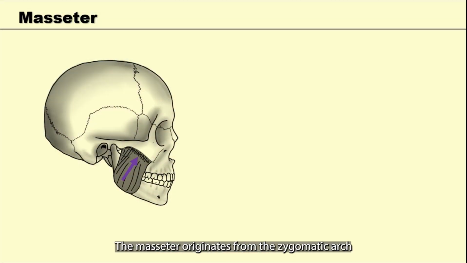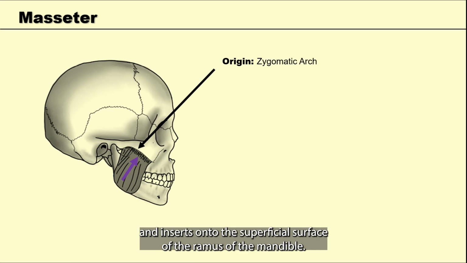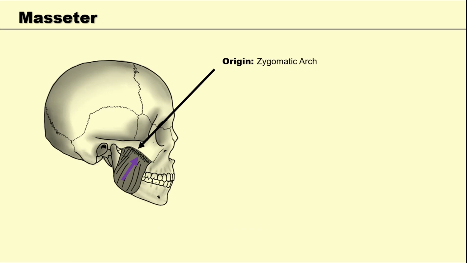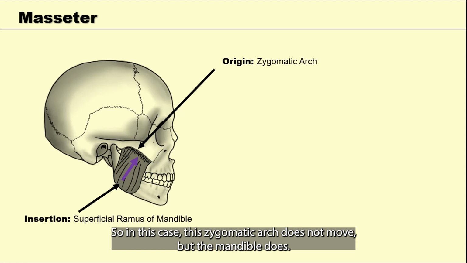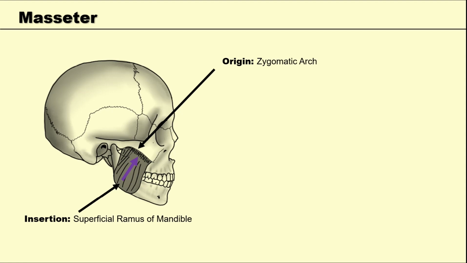The masseter originates from the zygomatic arch and inserts onto the superficial surface of the ramus of the mandible. That's the surface closest to the skin. When we talk about origins and insertions, we mean slightly different things. The insertion point describes the area that is acted upon when the muscle performs its function. So in this case, the zygomatic arch does not move, but the mandible does.